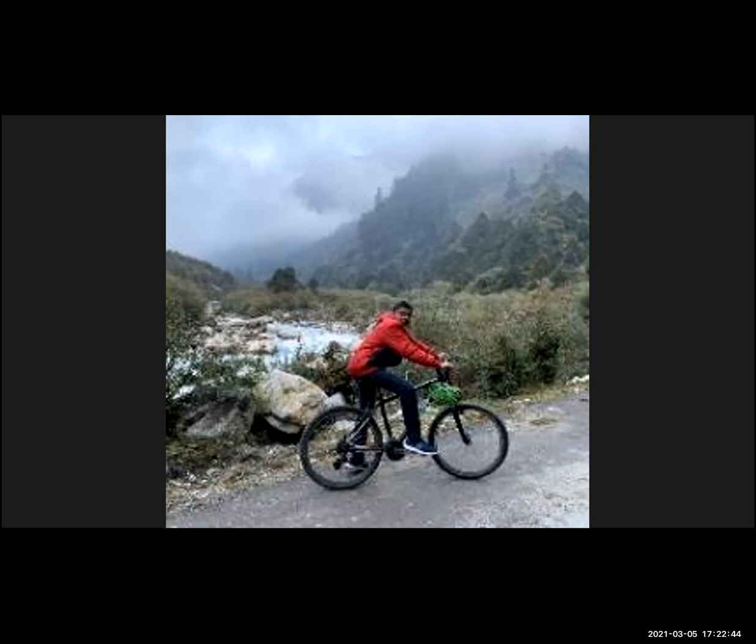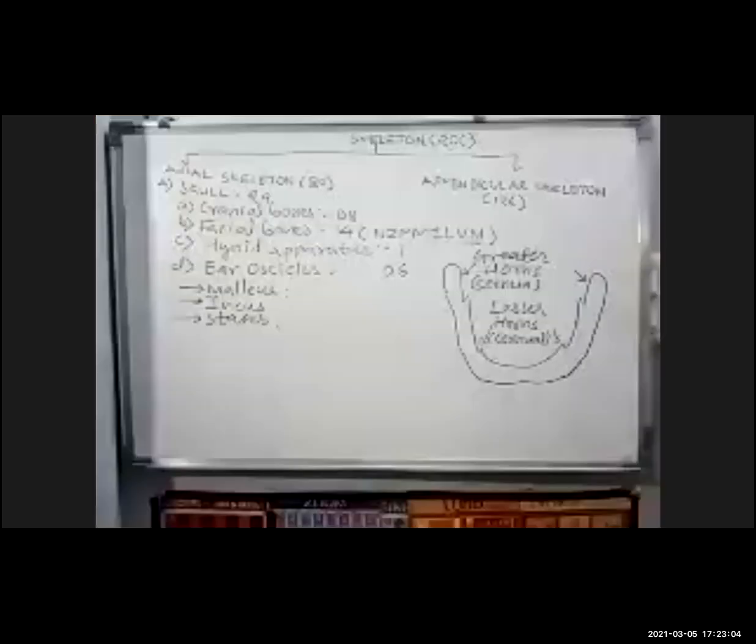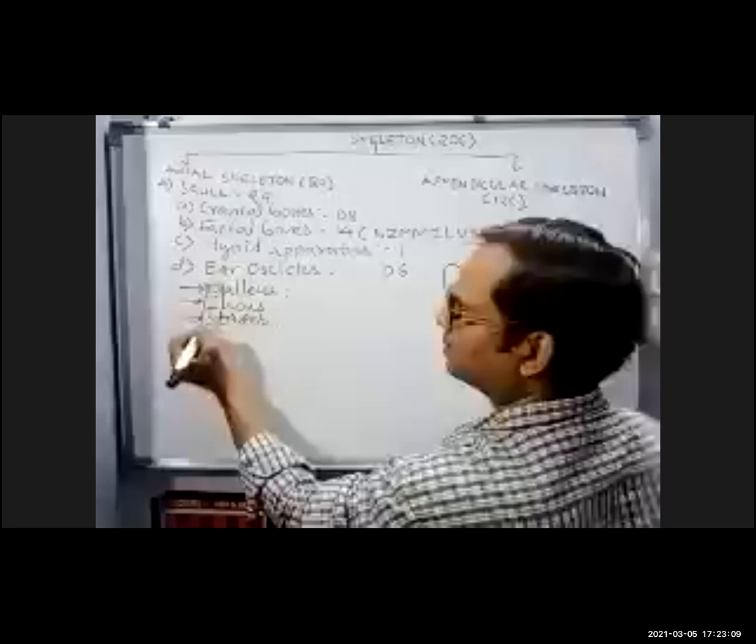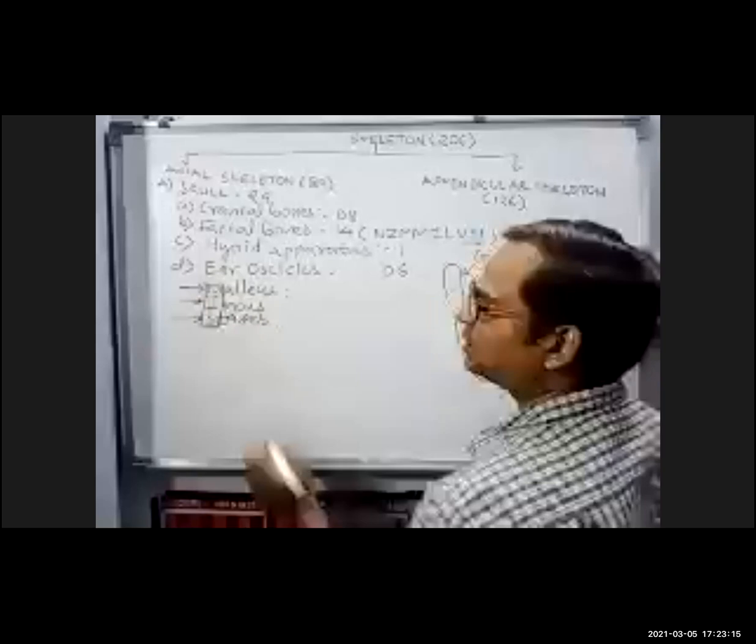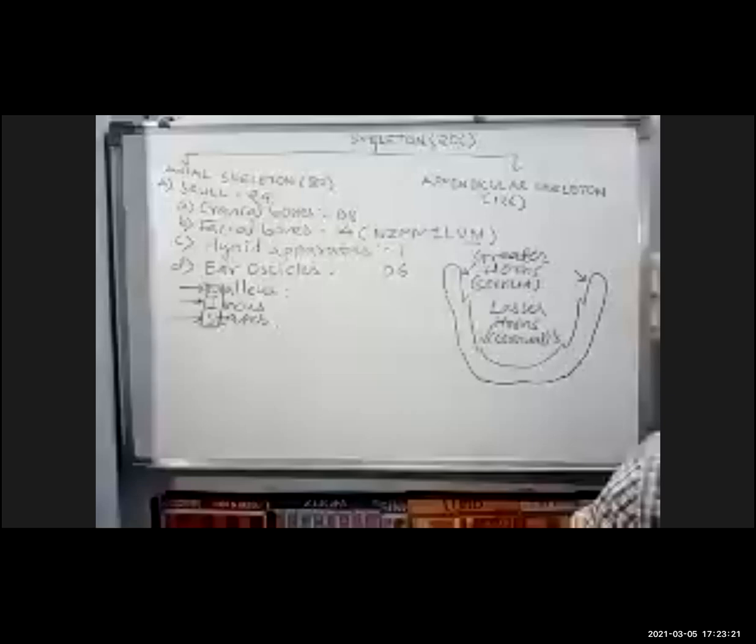Now we are studying ear ossicles. The ear ossicles are bones which are present in our ear cavity behind the tympanum. Tympanum is another name for the eardrum. So behind our eardrum there are 3 bones, always in the same order: malleus first, incus second, stapes third. We can remember the order like MIS bones, MIS bones. Did you understand? Now, this stapes is the smallest bone in our body.